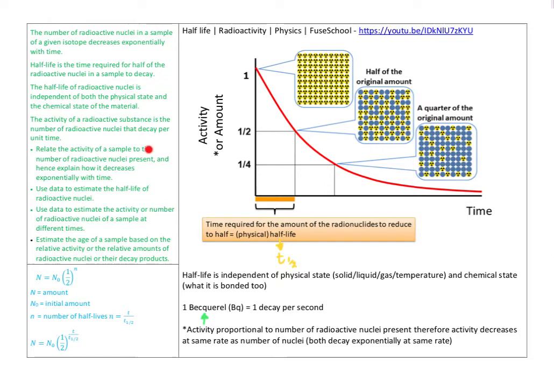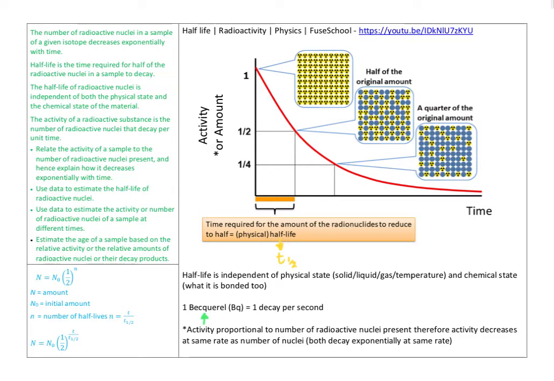So we've covered that first part there. So you need to be able to use data to estimate the half-life of a radioactive nuclei. So let's just say you had a sample here, and we knew it had an initial activity, or amount, it doesn't matter.